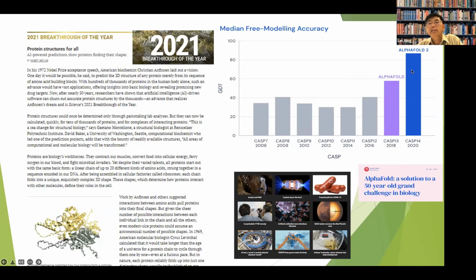The second generation is all from DeepMind, the Google DeepMind group. It has gone up to essentially above 85%. So with 80% accuracy, that's really coming to the point that it's practically useful.